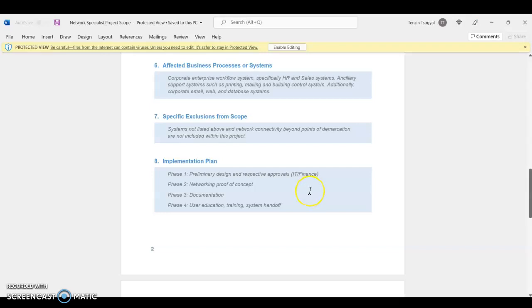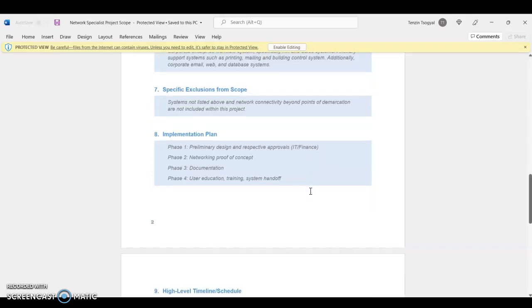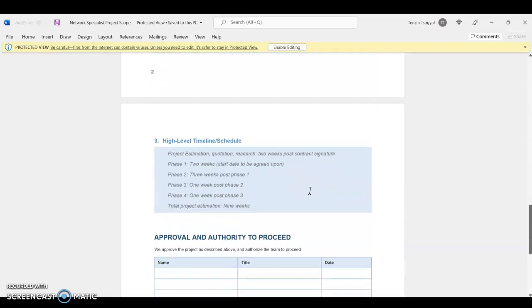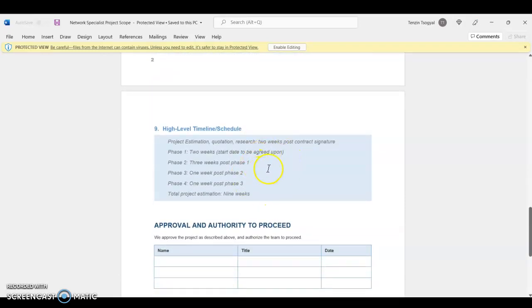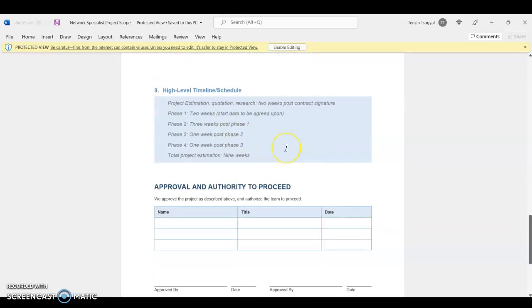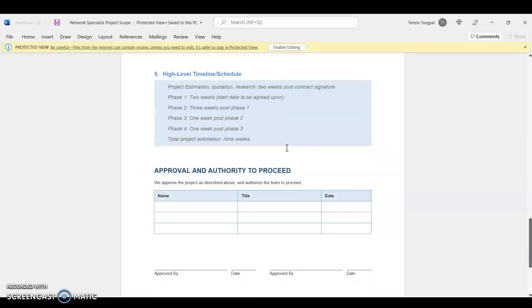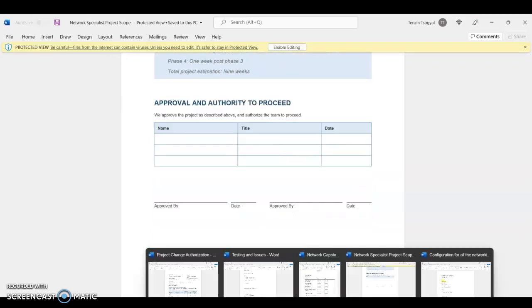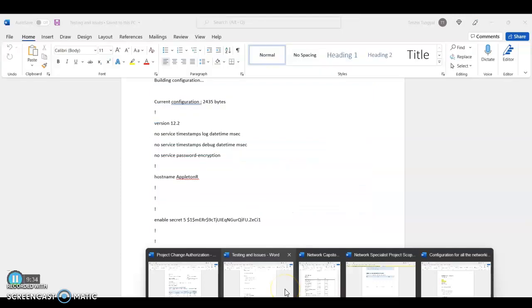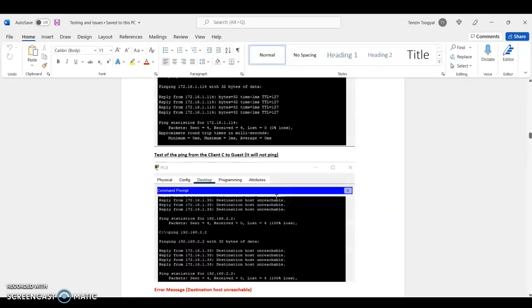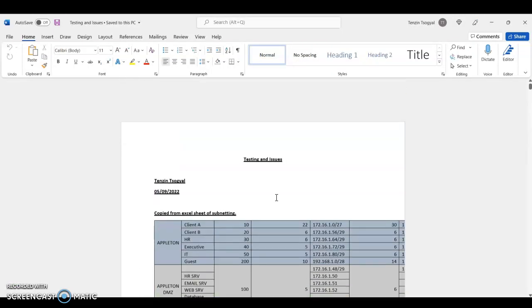My previous network diagram was so complicated and more sophisticated than it's supposed to be. And this is the high level time and schedule for my project.